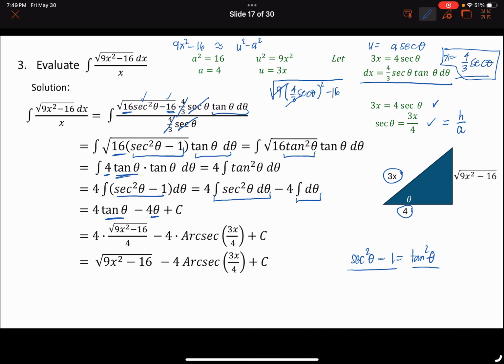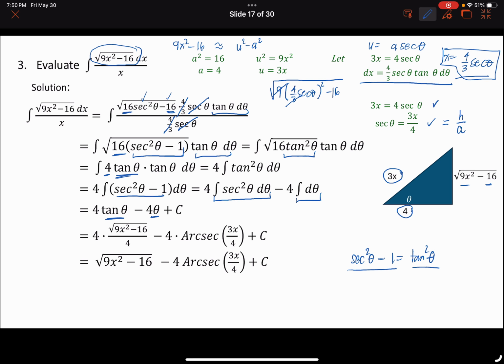So the opposite side is the square root of hypotenuse squared minus adjacent squared, so that would be 9x squared minus 16. Observe that usually the unknown side would be the square root of the form u squared minus a squared, or the initial form that we eyed into.